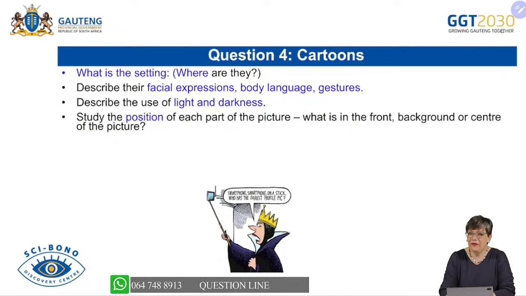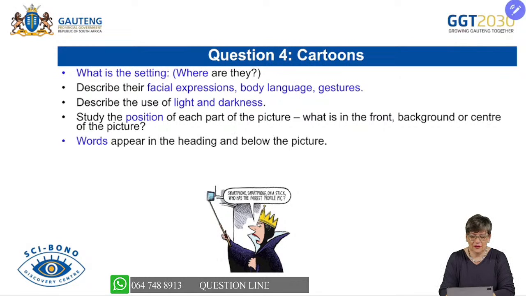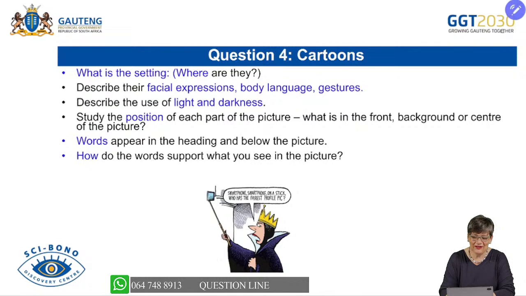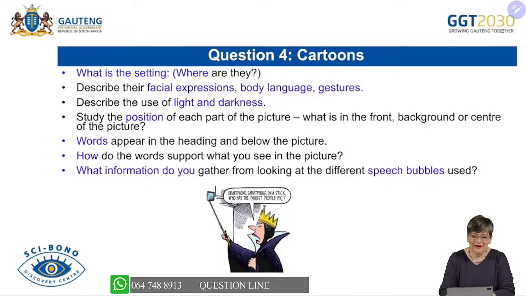Look at the front of the picture. What can you see? What can you see in the background? Look at the words. How do the words link up to what's happening in the cartoon? And what information do you find if different speech bubbles are used? What are they trying to tell you?